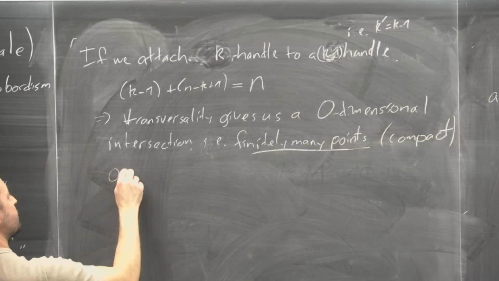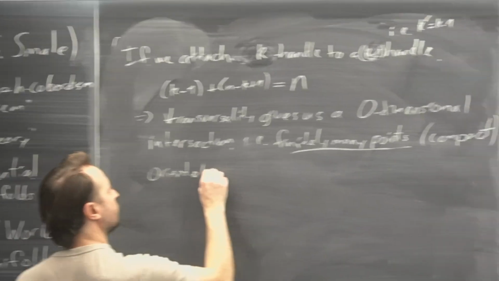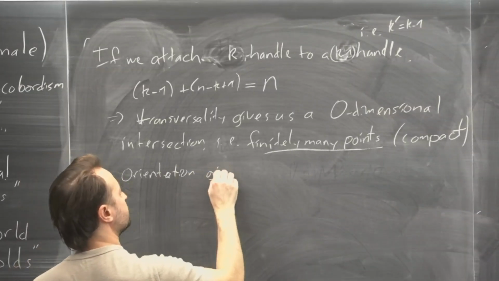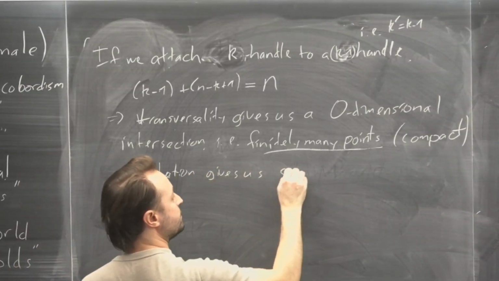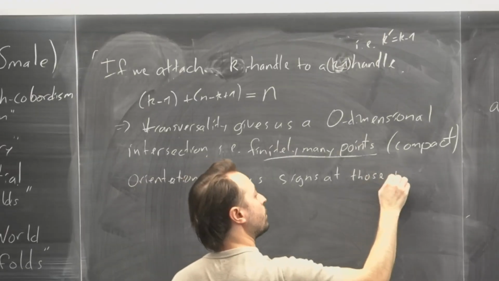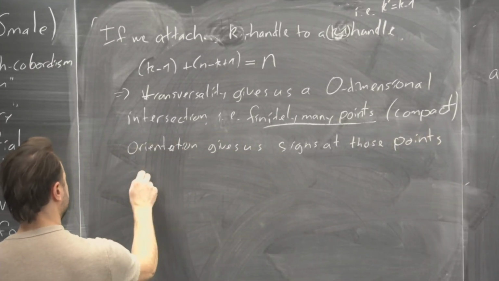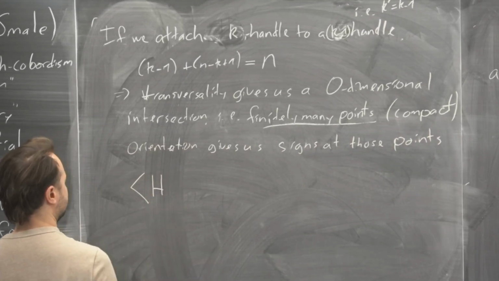So orientation gives us signs at those points. And we're going to define something that kind of looks like an inner product.